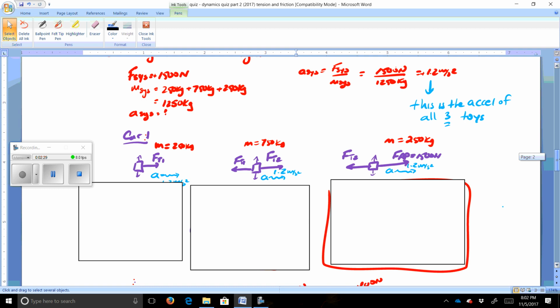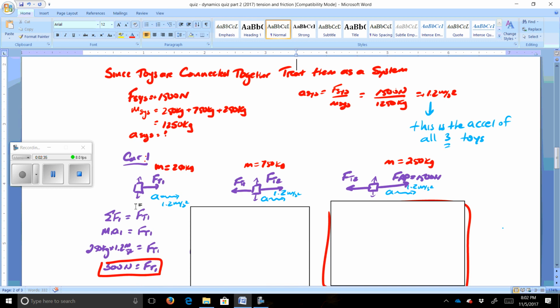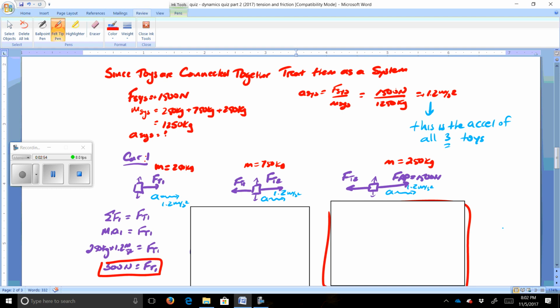So now we've done this, what we want to do is look at the sum of the forces acting on each object. I always start on the easiest one, the last object. In this one, the overall force acting on this vehicle is just simply tension 1. I don't know what it is, but I know the mass of the vehicle and I know the acceleration of it, so I can figure out the overall force acting on it from the second law equation.